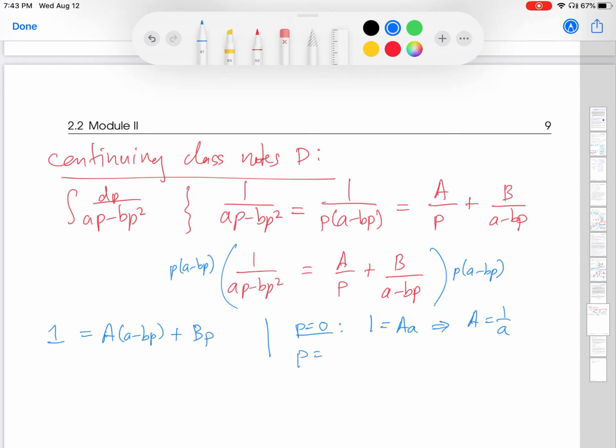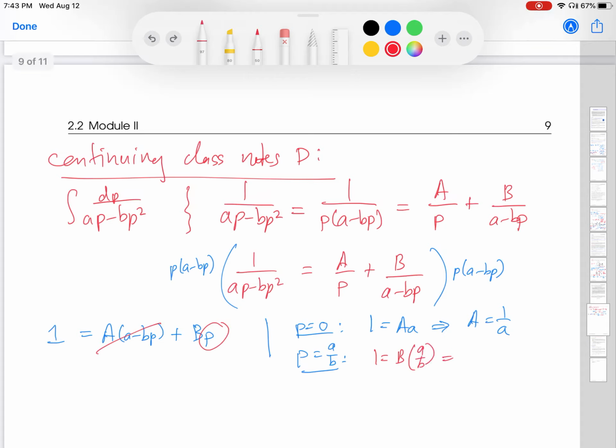And then going back here, we want to make the other choice for P that makes this 0. So if I set this equal to 0 and solve for P, I will get P equals a over b. So I'm going to choose that. If I plug it back into this equation, then the term with capital A is going to be 0, and then I just have this left over with P replaced by little a over little b.